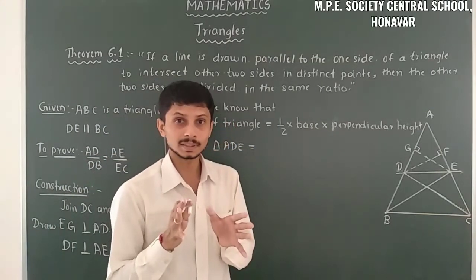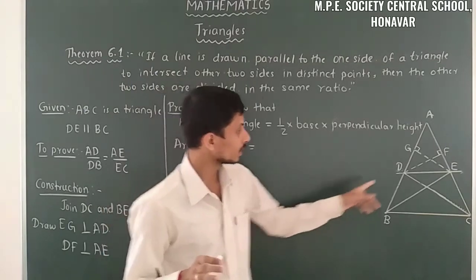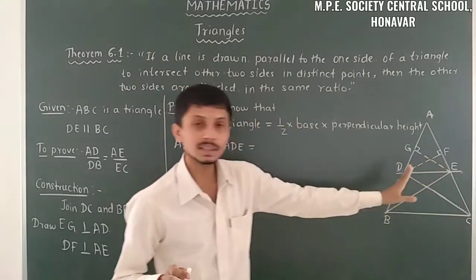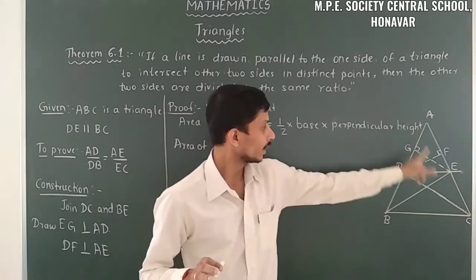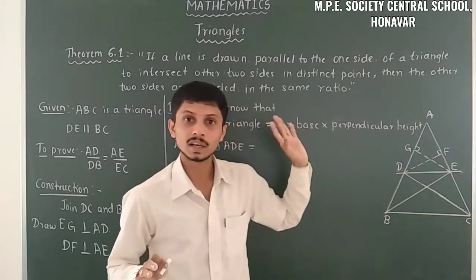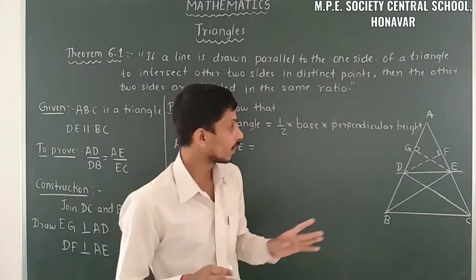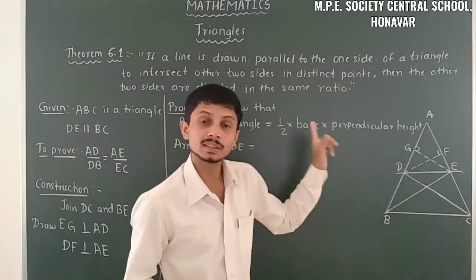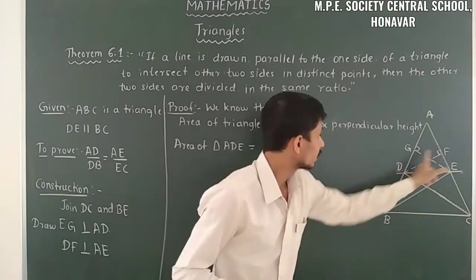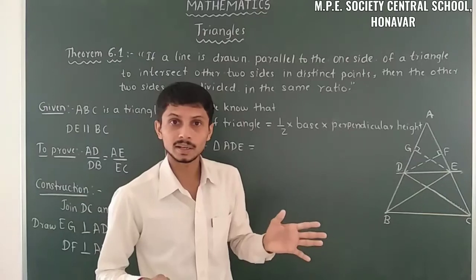There are two possibilities here. Just observe: DE, AD and AE are the three sides. When we consider AE as a base, DF is the perpendicular height.